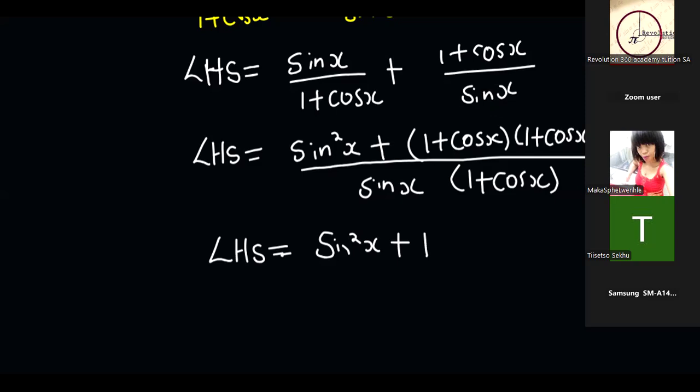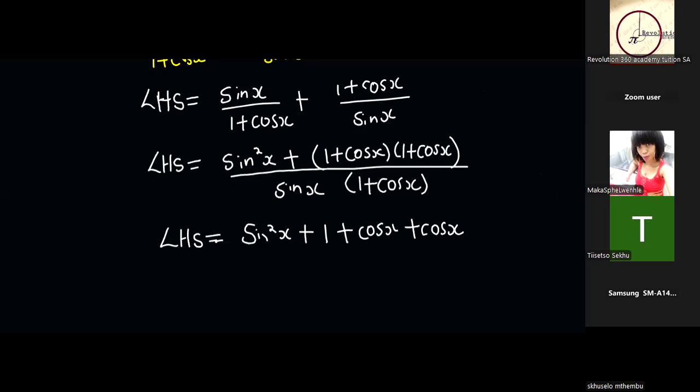Cos x times 1 is plus cos x. And then positive times positive is positive, cos x times cos x is cos squared x. Divided by sin x into 1 plus the cos of x.